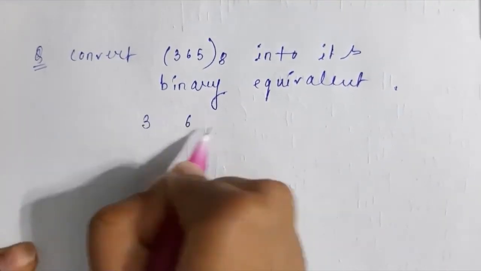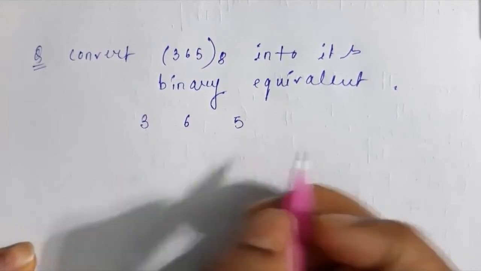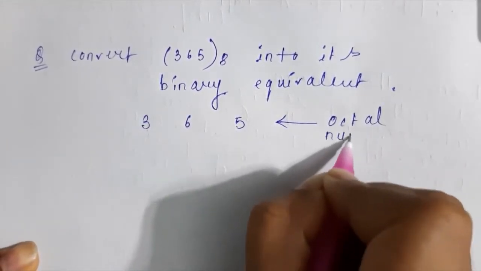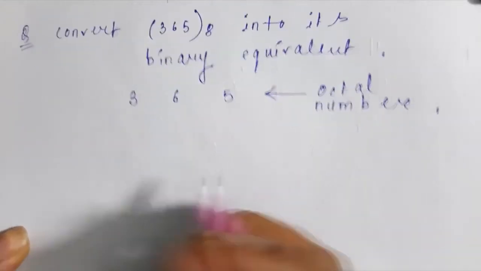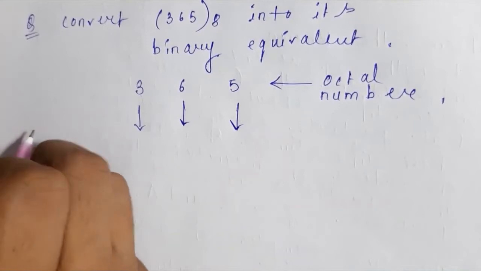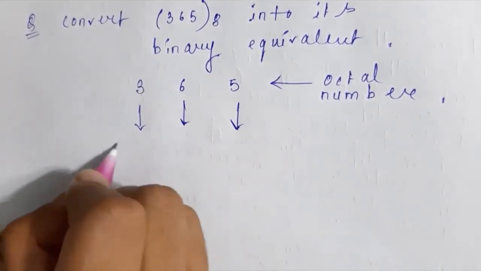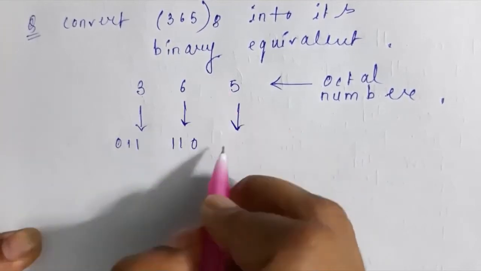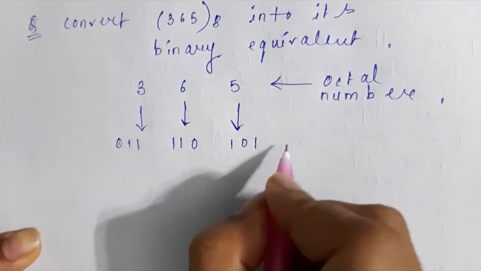We have 3, 6, 5. These are octal digits. Now for 3 I can write 0, 1, 1, for 6, 1, 1, 0, and for 5, 1, 0, 1.